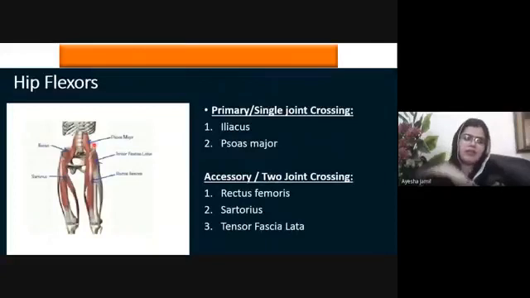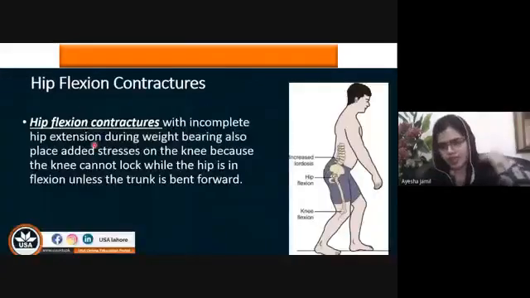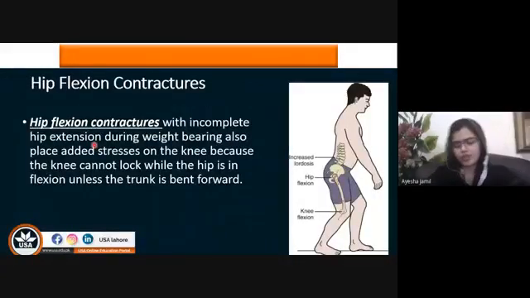Let's see if there will be contractures in any muscle. Normally, the hip contractures are usually developed in the hip flexors, and contracture basically is the adaptive shortening of the muscle due to pain, poor posture, abnormal position, sustained sitting posture, or trauma of the muscle as well.